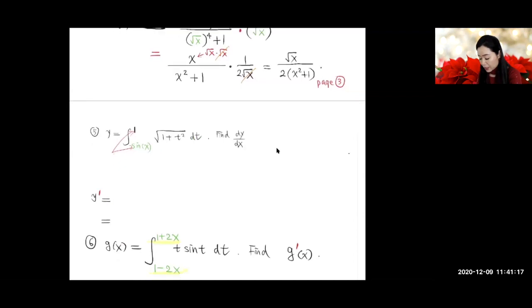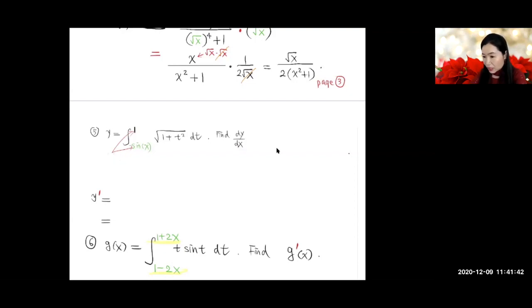Now this one over here, we integrate this continuous function, but it's not from a constant to a function of x. Instead, it has a constant up here and the function x down here, right? If we try to find the derivative of this with respect to x, we like to switch them. It has to be the constant as the lower limit, okay?